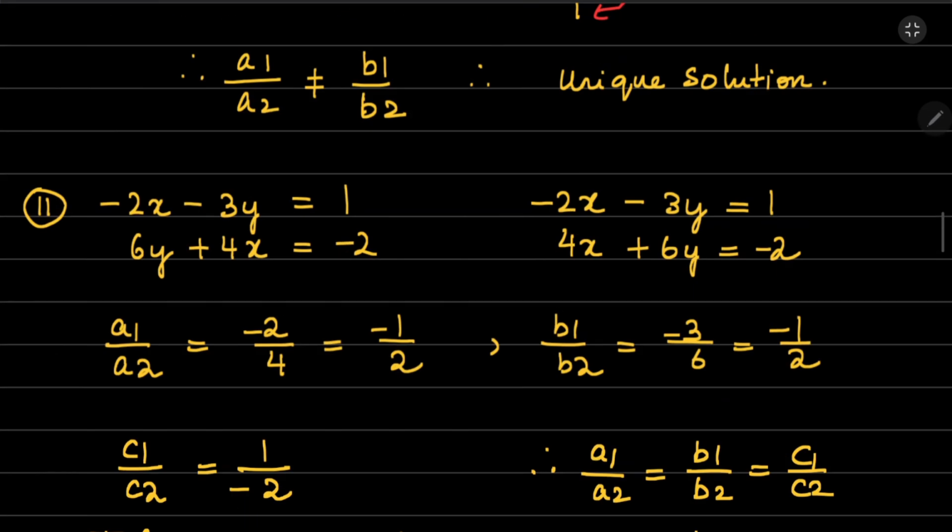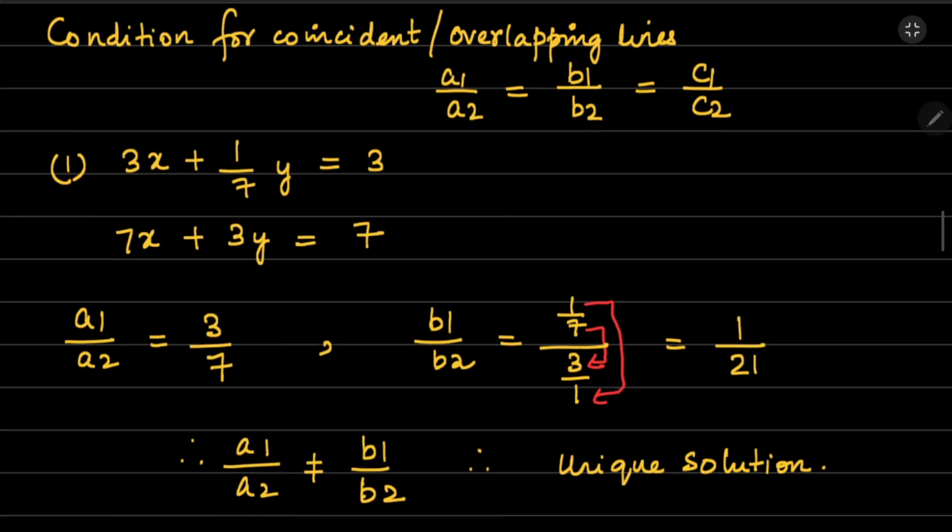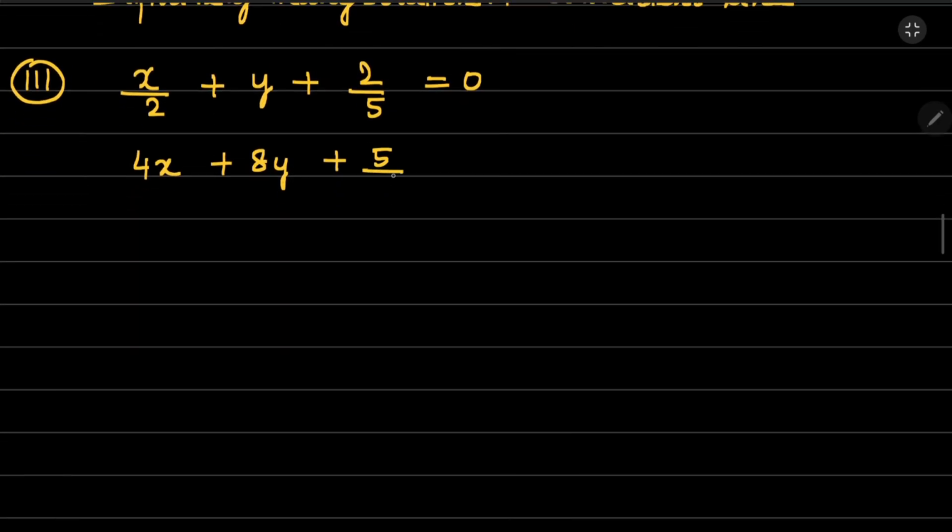Let us check what is a1 by a2. a1 is 1 by 2 divided by 4, which is equal to 1 by 8.